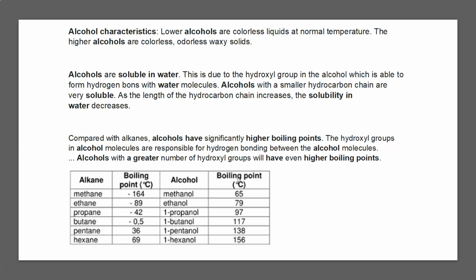Alcohol contains the OH group that makes possible that these compounds can be soluble in water due to the hydroxyl group in alcohol that is able to form hydrogen bonds with water molecules.